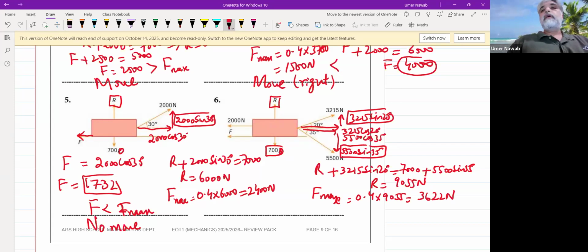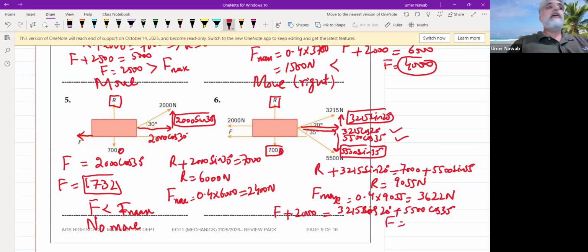And then what was your F? Your F plus 2000 equals 3215 cosine of 20 degrees plus, I'm talking about these two, plus 5500 cosine of 35.